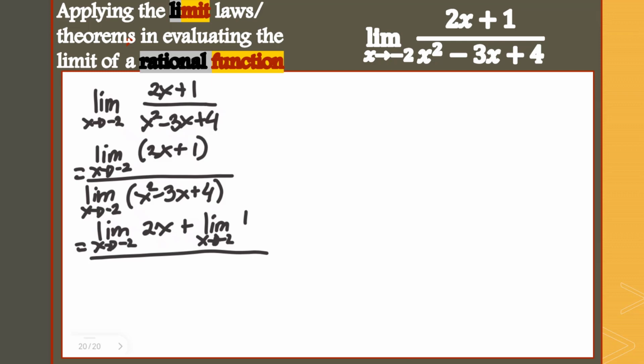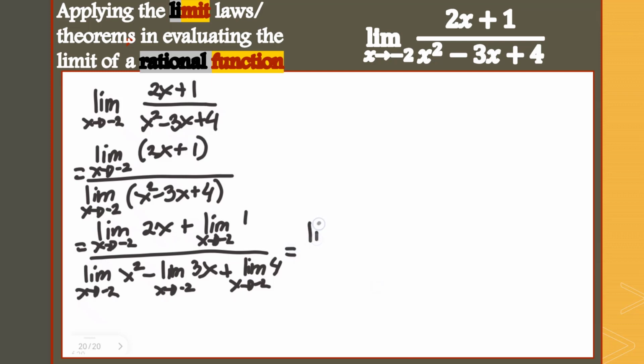You will have here the limit of x squared as x approaches negative 2 minus the limit of 3x as x approaches negative 2 plus the limit of 4 as x approaches negative 2. Then, of course, as mentioned, we'll be applying here the limit of the product and the power on the denominator. Limit of 2 as x approaches negative 2 times the limit of x as x approaches negative 2 plus the limit of 1 as x approaches negative 2.